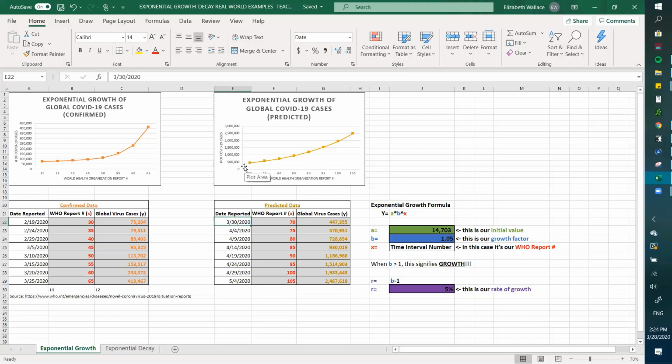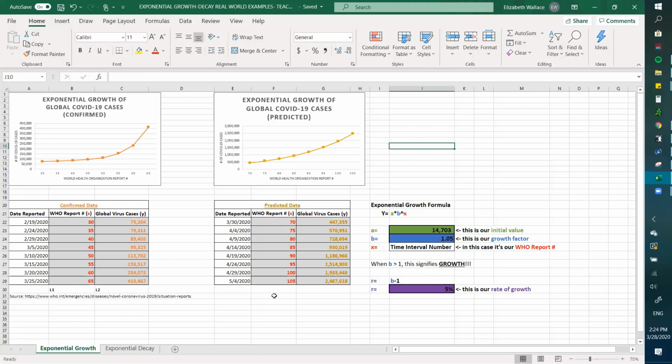If everybody out in this world was not being as mindful or diligent as they are, this thing could probably grow much faster than what it's growing right now.